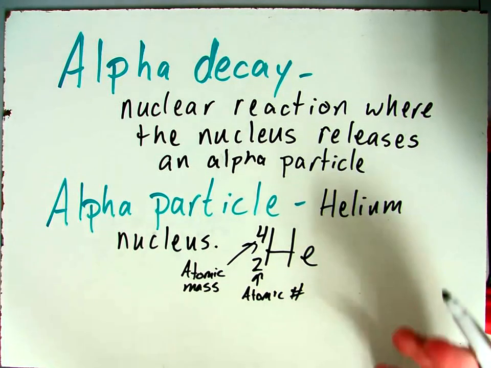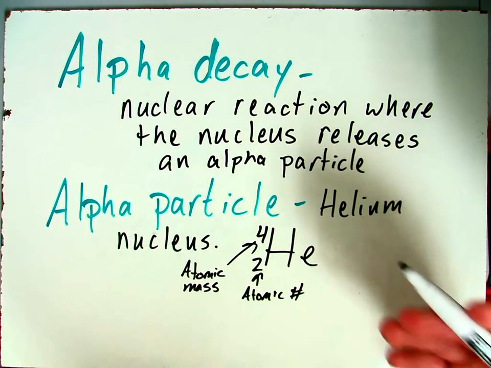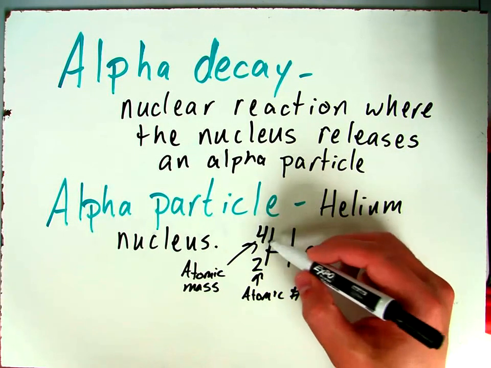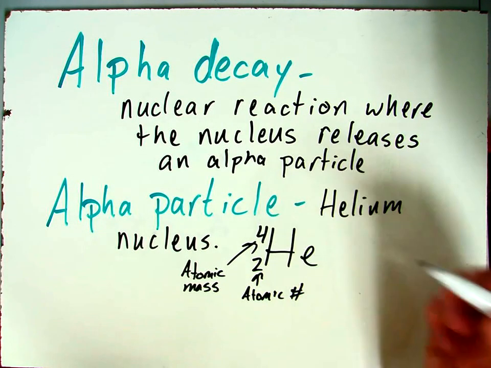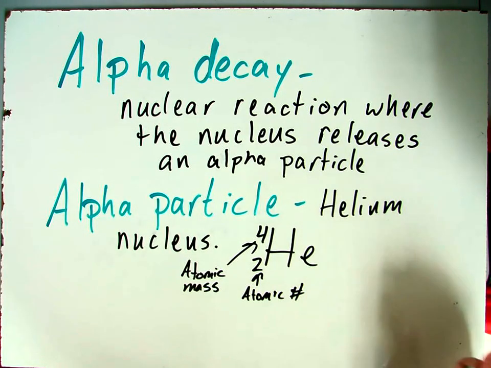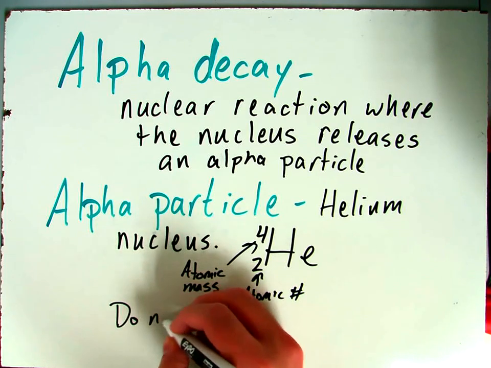Now, of the 3 types of particles that radiation will emit, alpha particles are the heaviest. They've got an atomic mass of 4, which is pretty large. So what that means is these do not penetrate matter well.